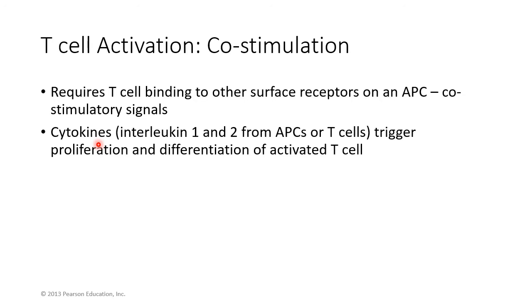It could be interleukins 1 and 2, and there's a whole family of interleukins, and I'm going to minimize discussion, but these are just chemical messages that cause the T lymphocyte to produce a clone and proliferate and make an army of itself so it can fight off the infection. So this process of co-stimulation by the release of these chemicals triggers proliferation and differentiation of the activated T cell.